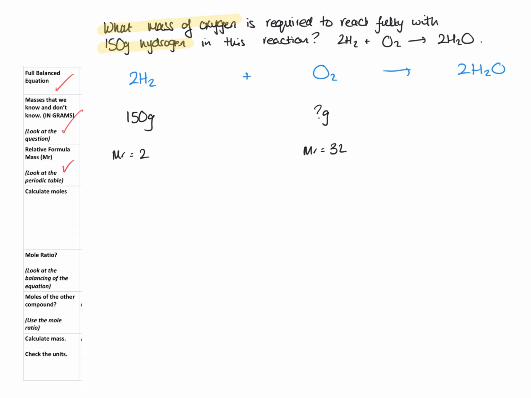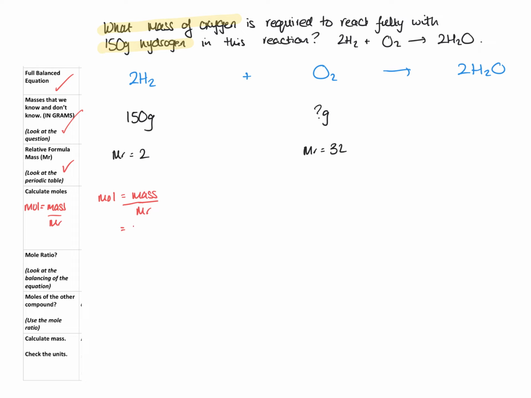Okay, our next step is to calculate moles. We know the equation for moles is mass over MR, so have a look across everything that you've done and find the one that you can calculate moles for. The one that we have the most information for at the moment is hydrogen, so we're going to calculate moles of hydrogen. Moles equals mass over MR. Look back up here for your mass, which is here, and your MR, which is here, and plug them into the equation.